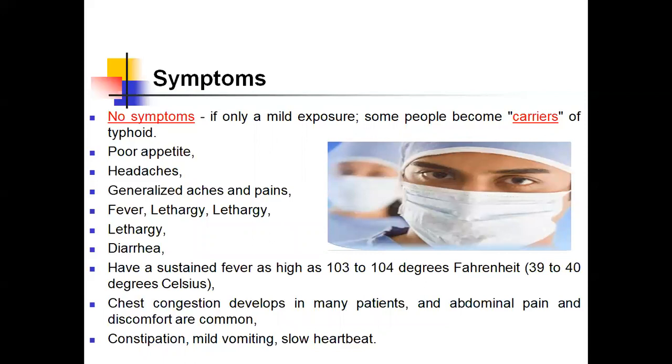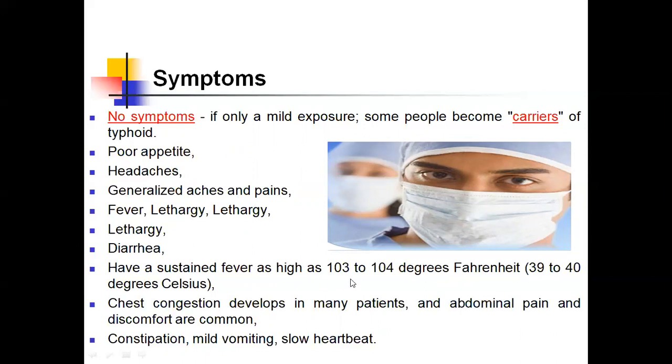The main presentation of typhoid fever is primarily no symptoms, or an asymptomatic condition. If there is only mild exposure, some people become carriers of typhoid fever. Otherwise, poor appetite, headache, generalized rashes, pain, fever, lethargy. Sometimes diarrhea may be observed.